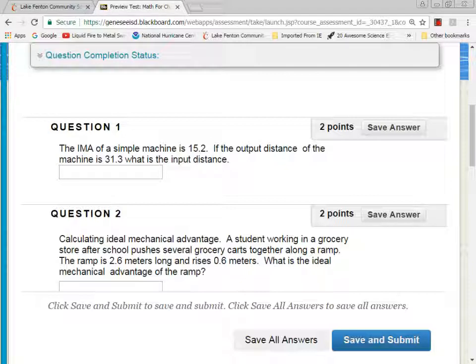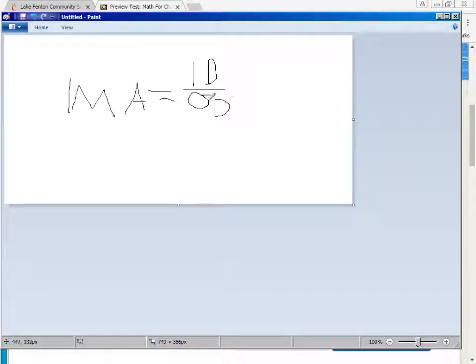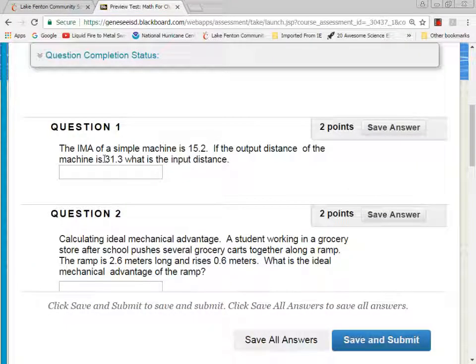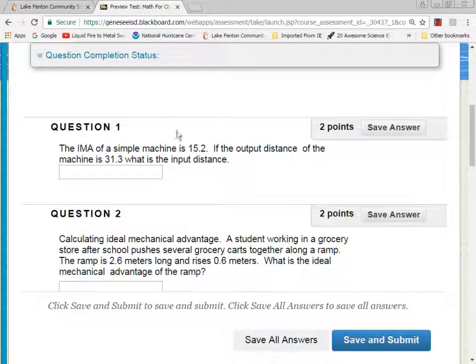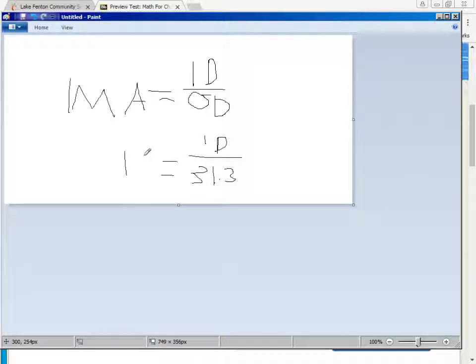Well, if we're looking back at this, if our output distance is 31.3 and our IMA is 15.2, then we've got something here.